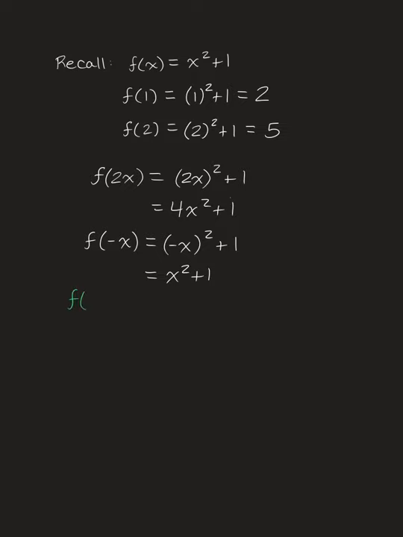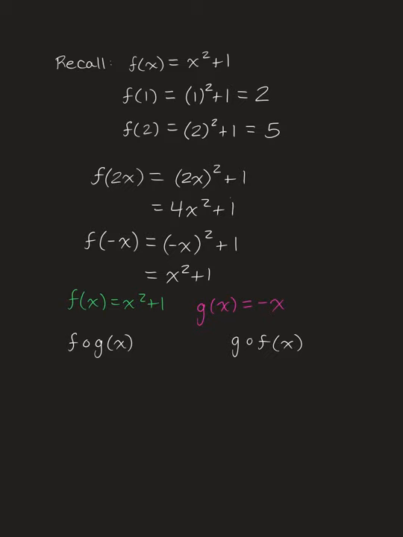If you have f of x, which is equal to x squared plus 1, our same function, and I'm going to say that g of x is equal to negative x, I am going to find f of g of x and g of f of x.